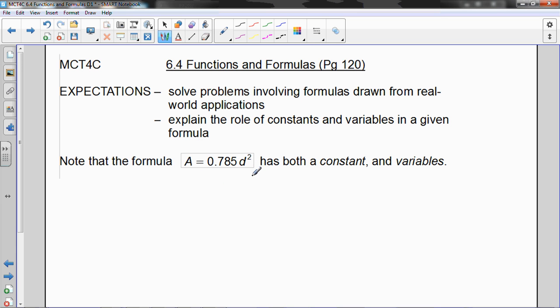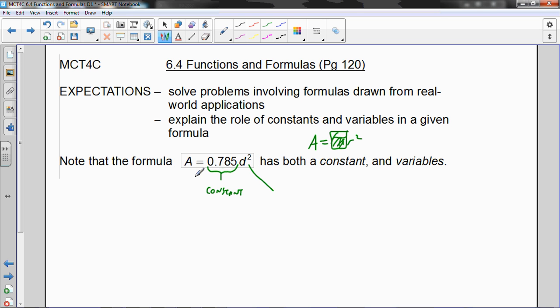So in this formula, there's constant and variable. Any number part that doesn't change, that right there, that's a constant. In that formula, it stayed the same. That's a constant. Even in that formula, that right there is a constant. It doesn't change.